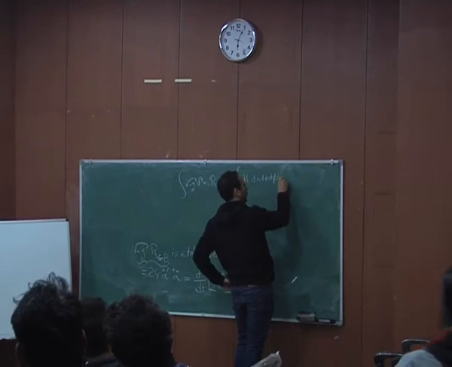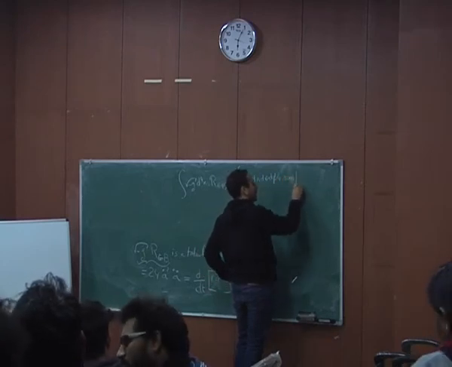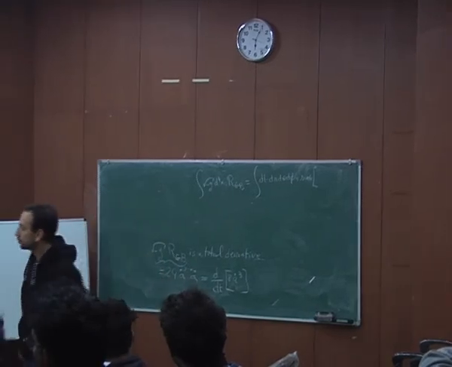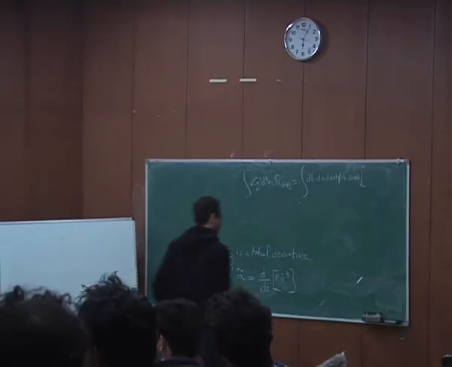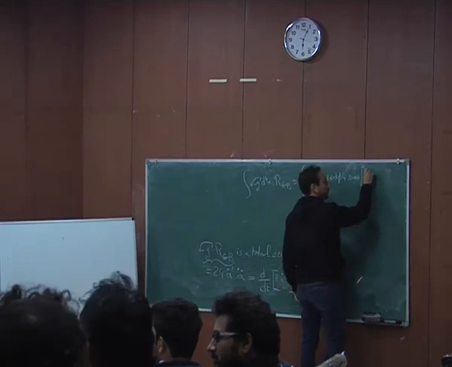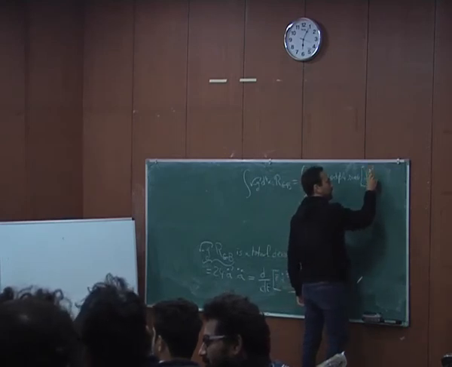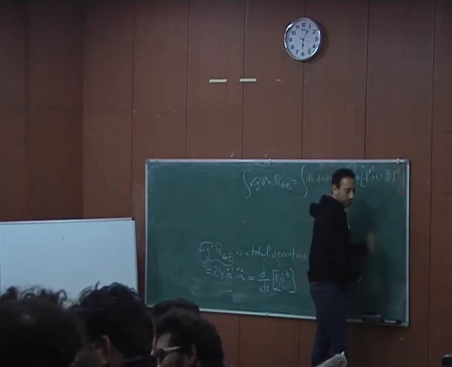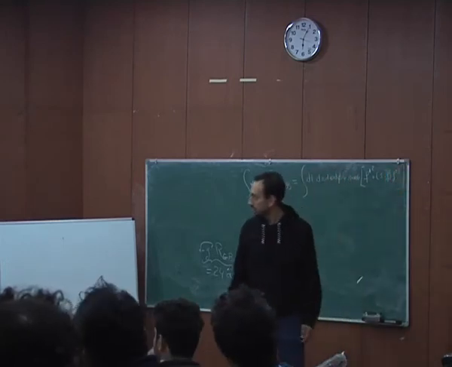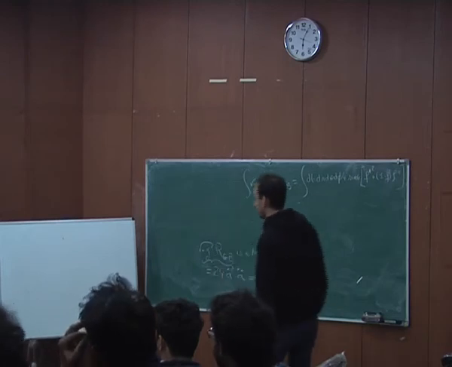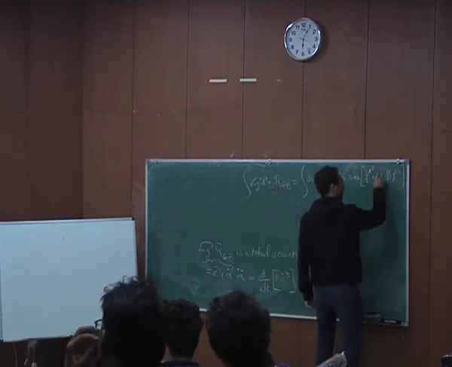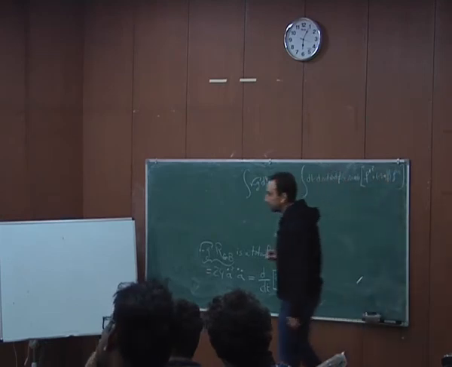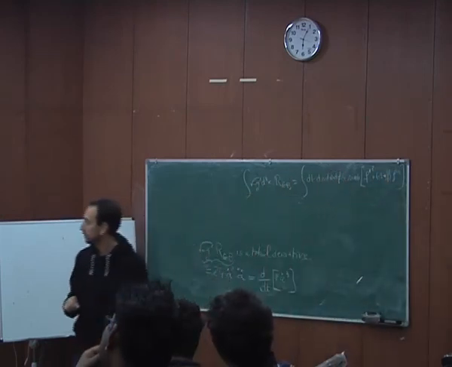And that something is f prime squared plus 1 minus f double prime. No, minus 1 plus f, f double prime. Okay.